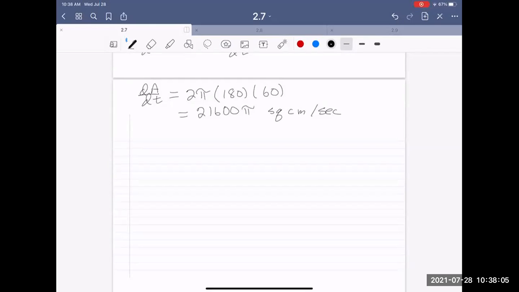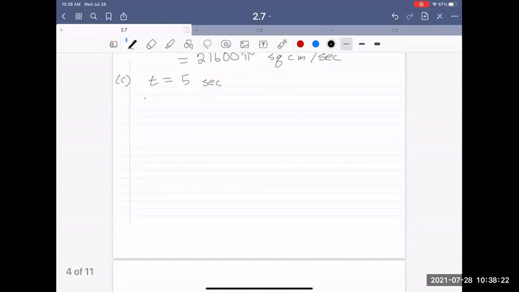Let's look at what happens after 5 seconds. Okay, so originally its radius is 0. After 5 seconds, since it is increasing by the rate of 60 centimeters a second, it's the size of 300.